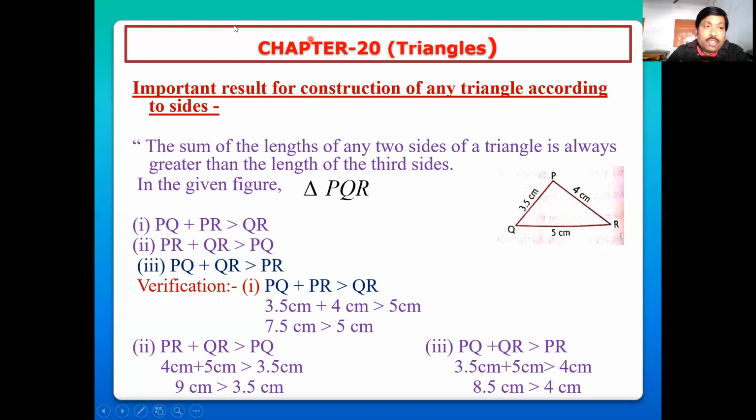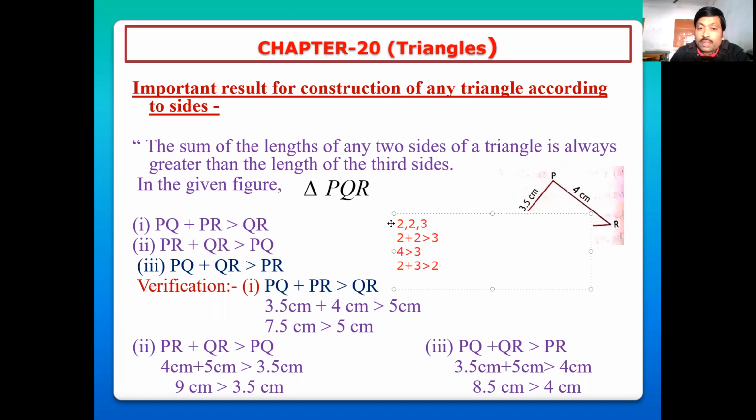Okay. Now, if you want to check the given statement, 2, 2, 1 are the measurements of a triangle. Is it true? Yes, see that 2 plus 2 is greater than 1. And 2 plus 1 is greater than 2.